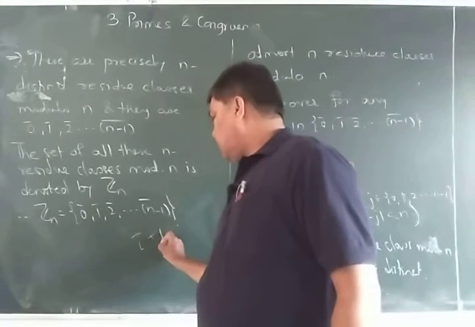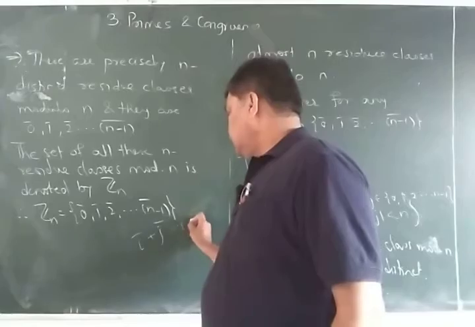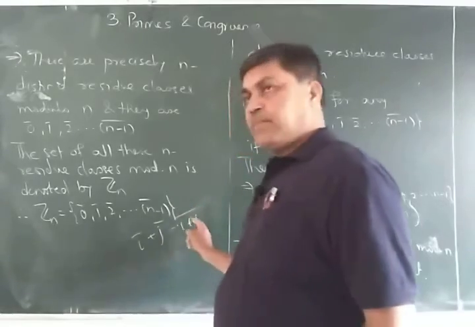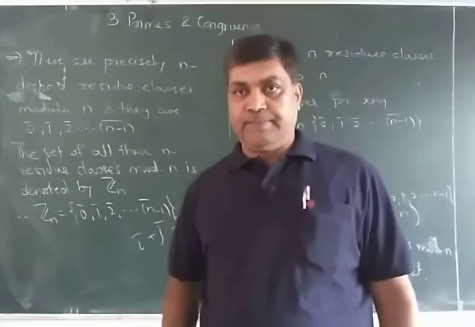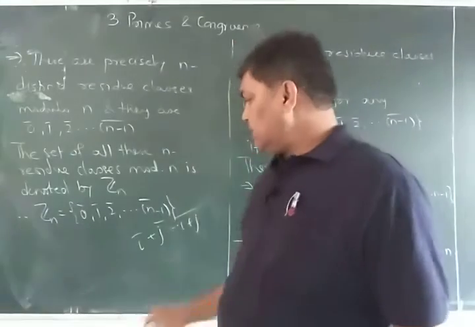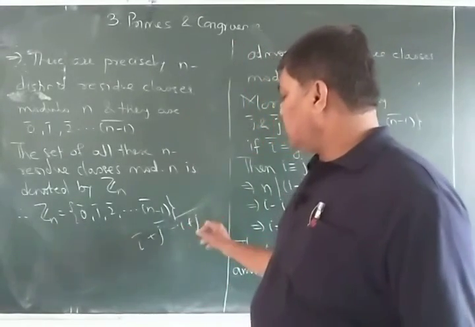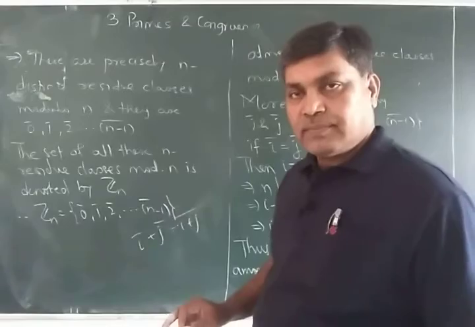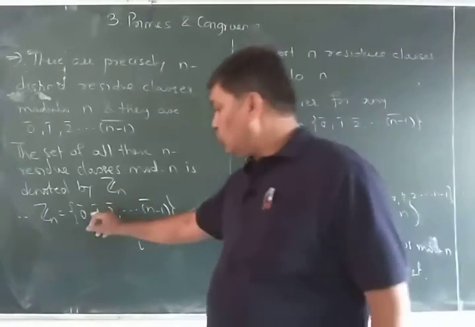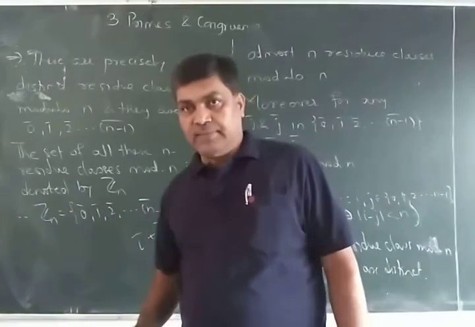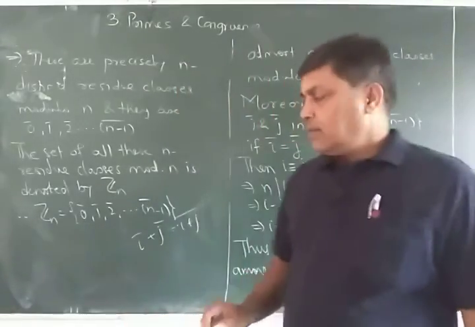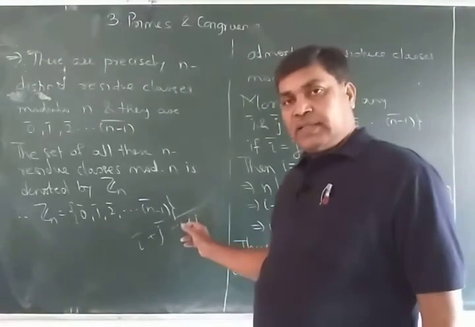i bar plus j bar is nothing but i plus j bar. Now what will this i plus j be? This i plus j is congruent to some r modulo n, where r is again 0, 1, 2 up to n minus 1. Is it clear?